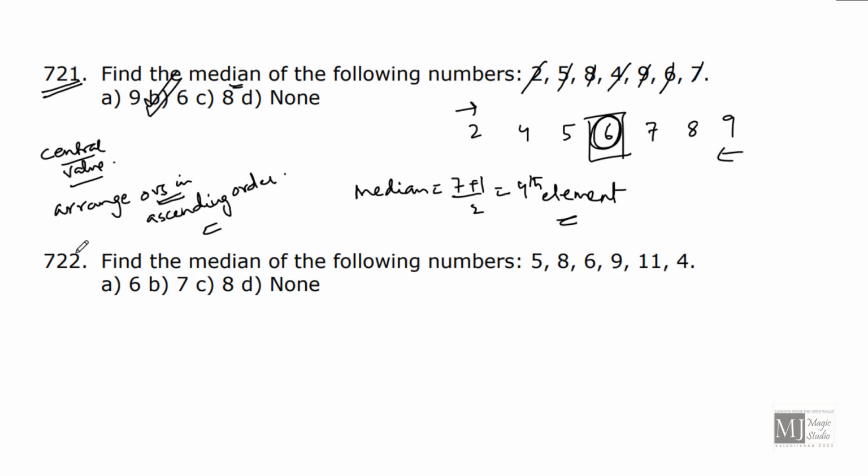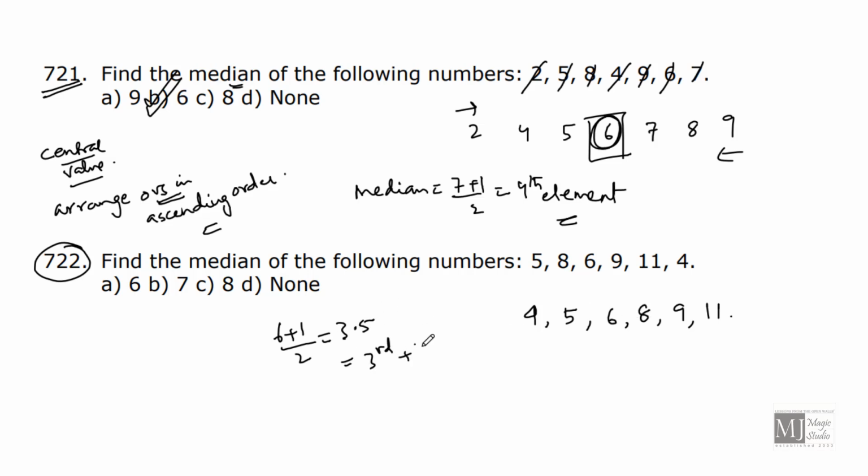Let's take up one more example. 7, 2, 2. Find the median. First quickly arrange it. 4, 5, 6, 8, 9, 11. Now here we can see that there are 1, 2, 3, 4, 5, 6 observations. Then 6 plus 1 by 2 is 3.5. Now how do we calculate 3.5? 3.5 is nothing but the third observation plus the fourth observation divided by 2. 1, 2, 3, third observation, 4, fourth observation.